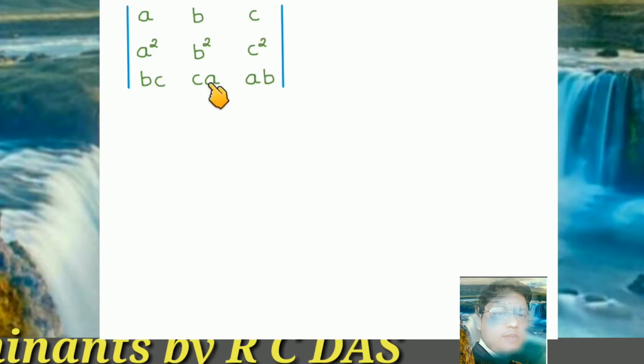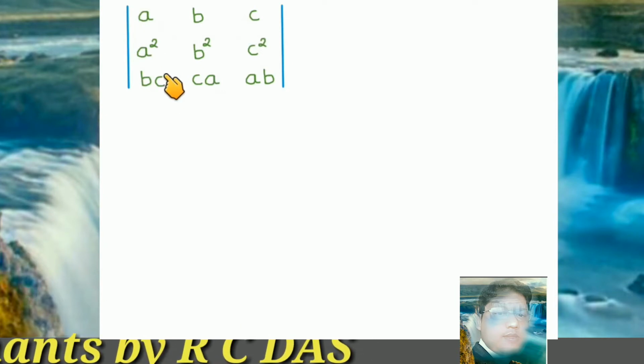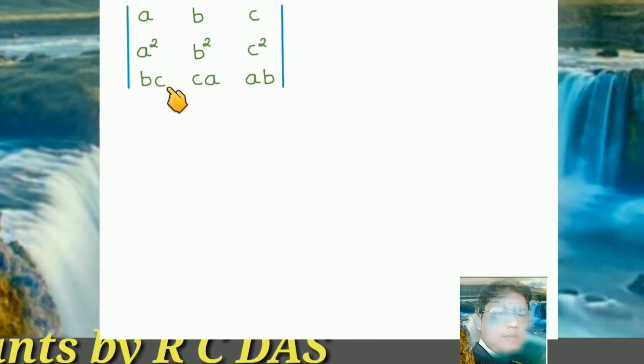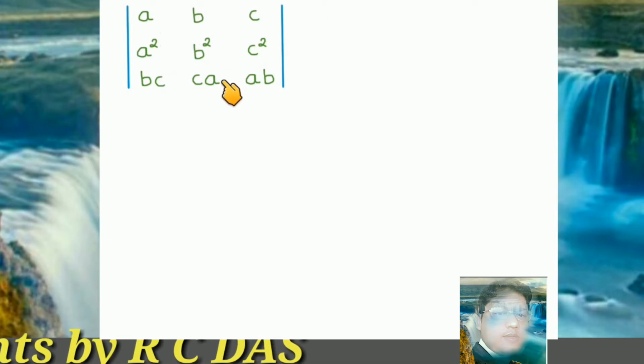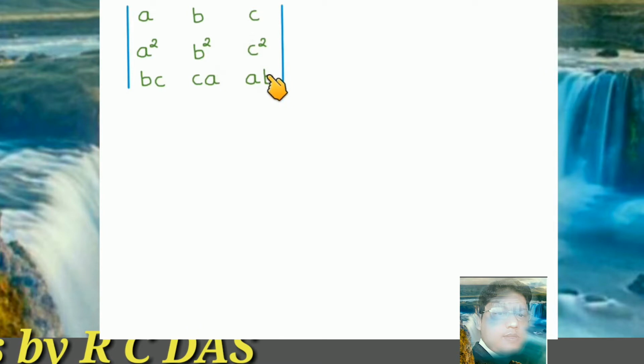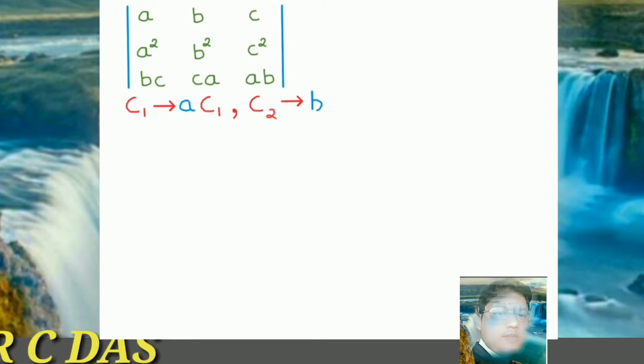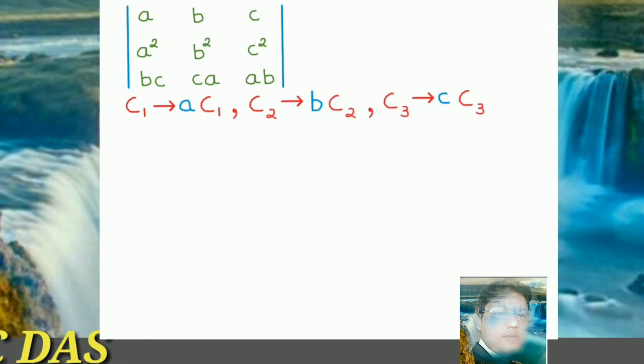So, to get the right side, I multiply C1 by A, C2 by B, and C3 by C.